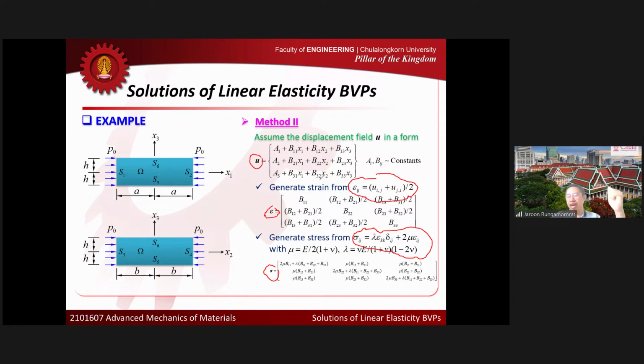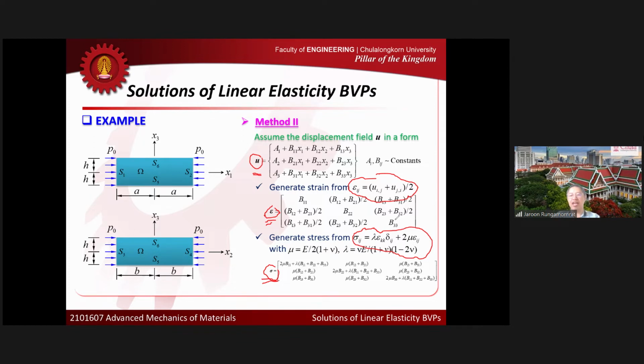Okay, so if you go back to the first option that I mentioned there, whenever we are given all fields, if we want to confirm that the field that we have in hand is the solution of the problem, we have to check all three field equations, right? Here we face the same situation, right? Because we can say that up to this point, we know u, we know epsilon, and we know sigma. If we want to confirm that all of them here are the solution, we have to check the governing equations first.